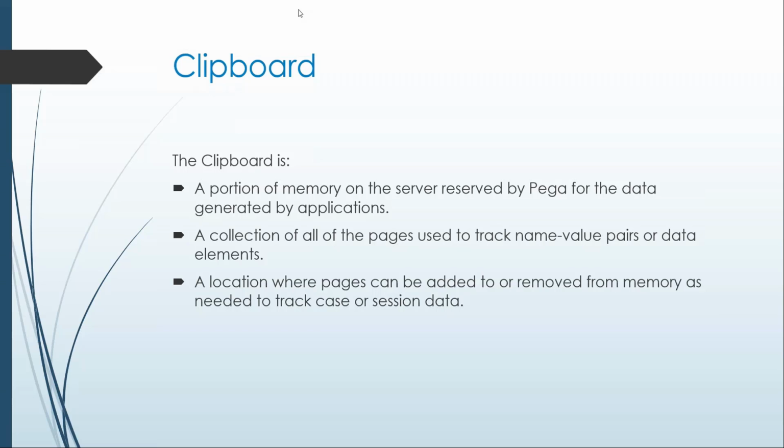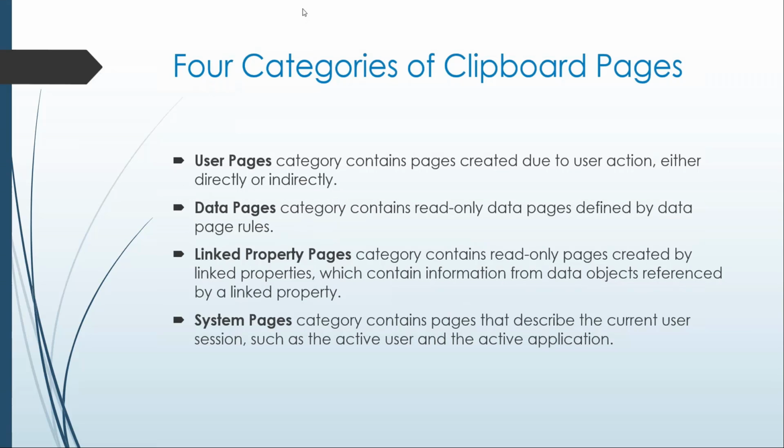These entities, we know, are organized in the form of pages, correct? What you see on the clipboard are 4 types of pages: user, data, linked property pages, and system pages. According to the type of entities you are looking at, you choose the right page here and you can see the data corresponding to it, right?